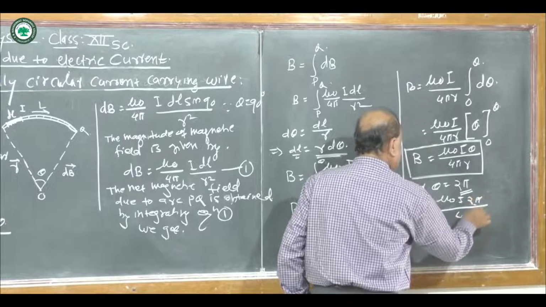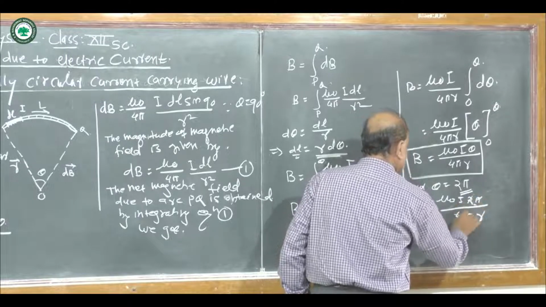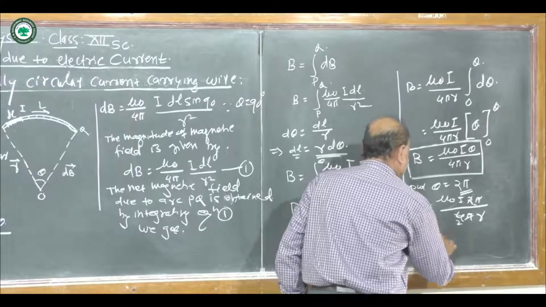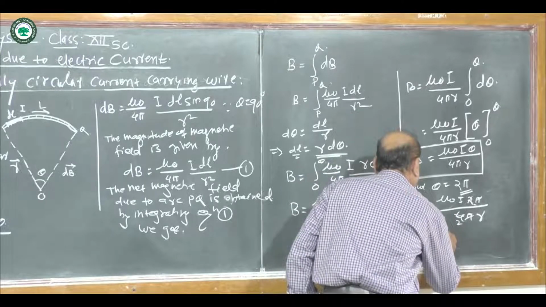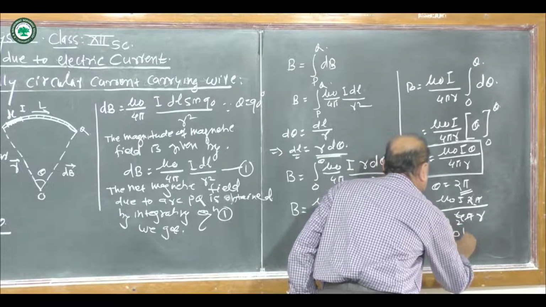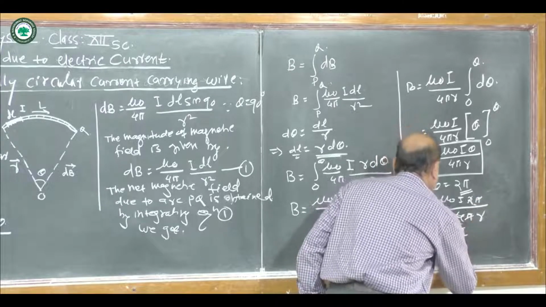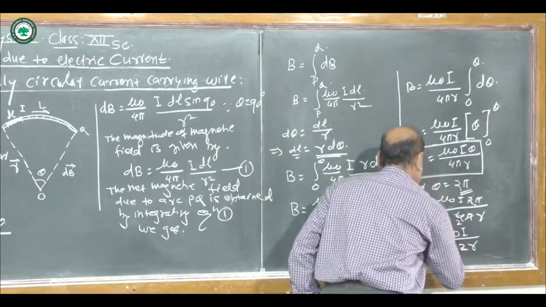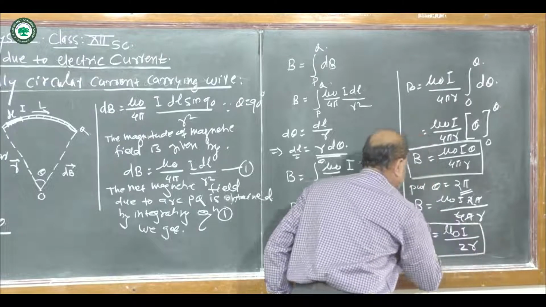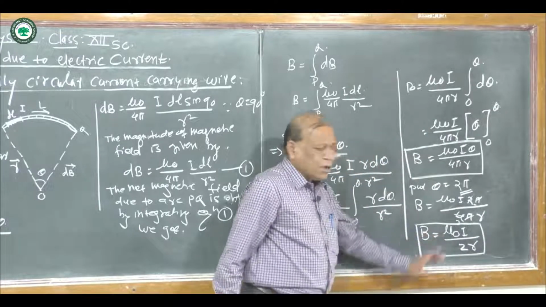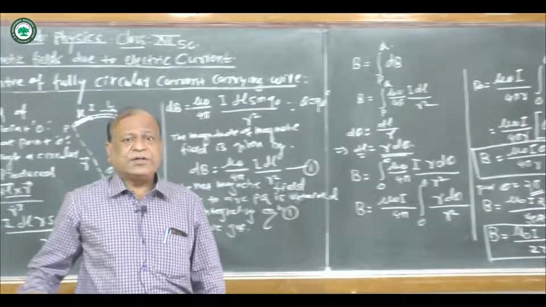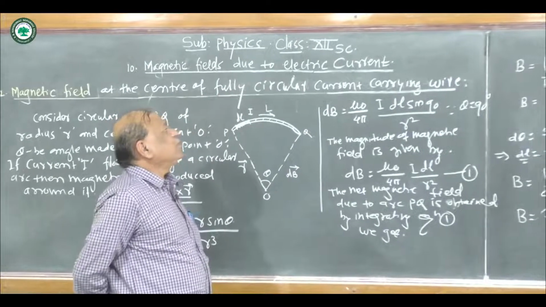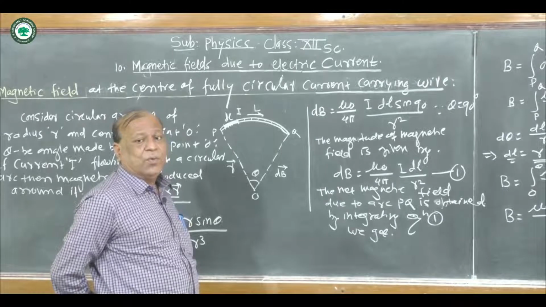Now this pi cancels, this 2 cancels with this 2, and the magnetic field B is equal to mu 0 I divided by 2 r. This is the magnetic field at the center of a fully circular current carrying wire.